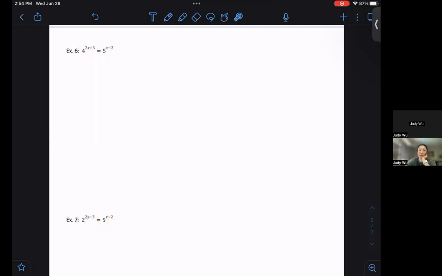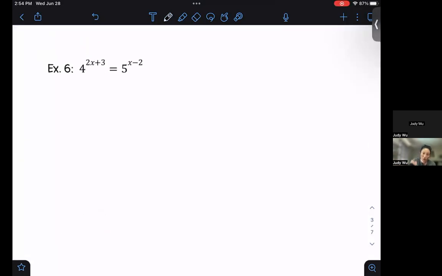And if I think back to the previous video, I might notice that there's not really an easy way to make these bases the same. And so we're going to have a specific strategy on how to solve questions like this.